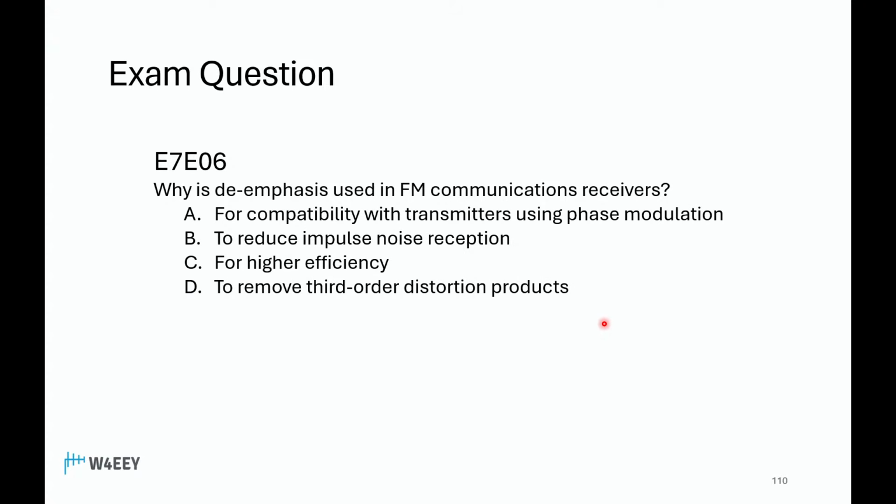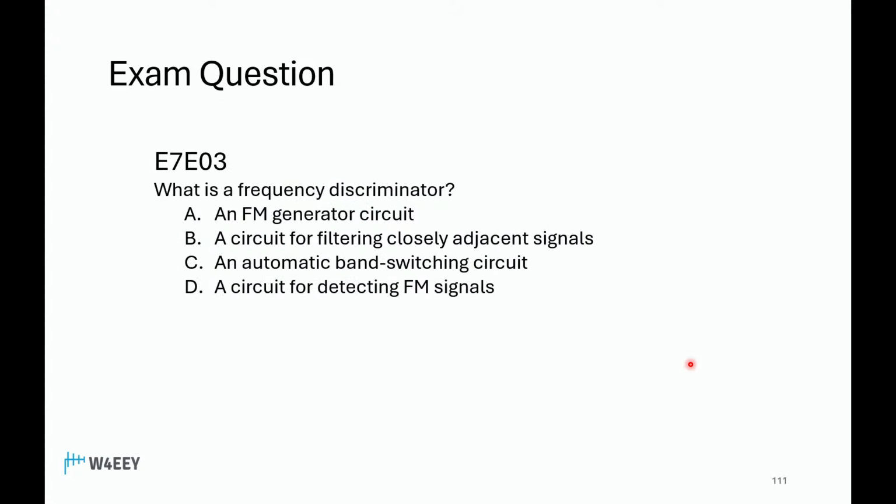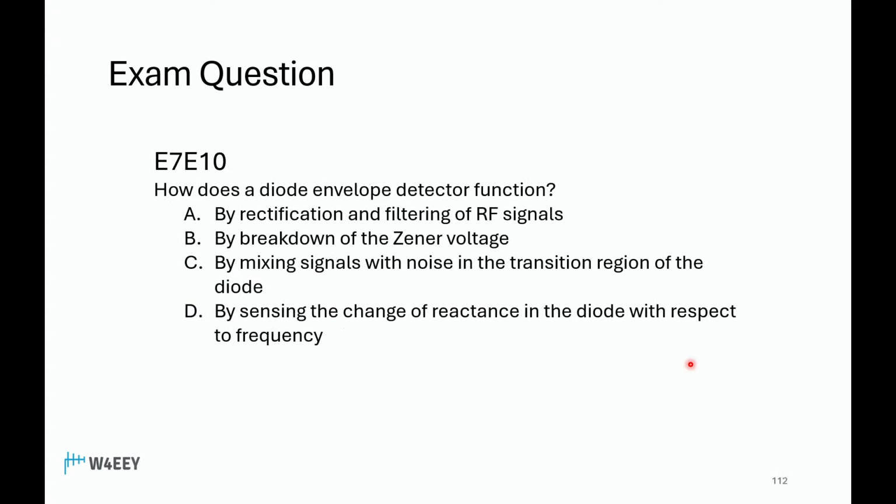Why is de-emphasis used in FM communications receivers? Alpha, for compatibility with transmitters using phase modulation. What is a frequency discriminator? Delta, a circuit for detecting FM signals. Then how does a diode envelope detector function?